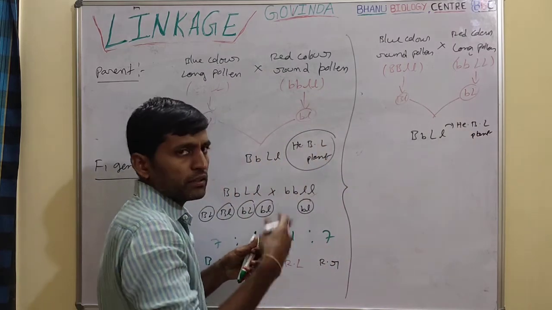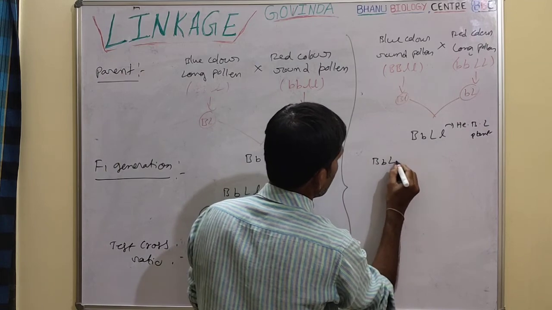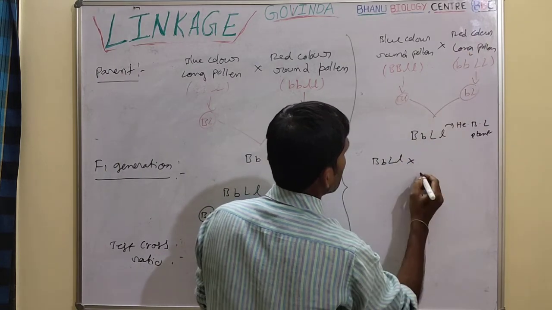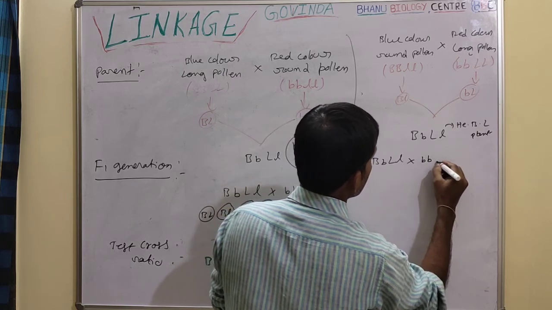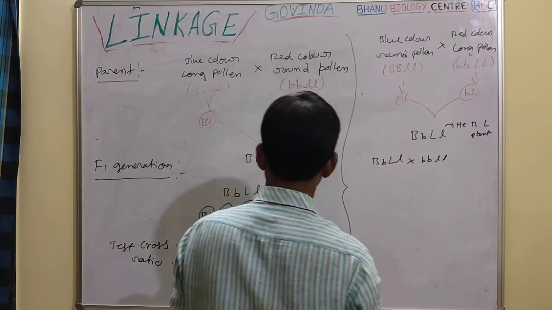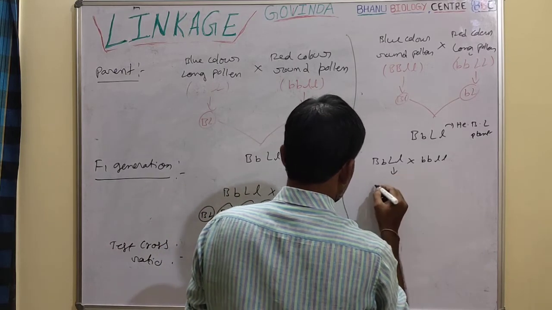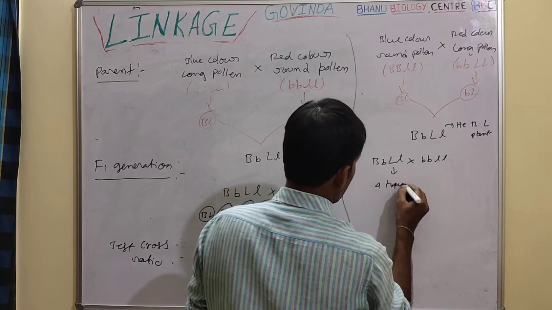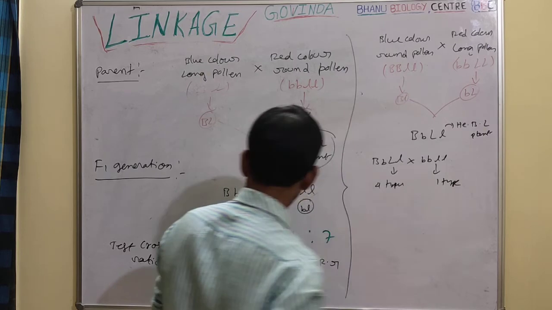Next, again they went for a test cross, taking the homozygous recessive plant, that is small b small b, small l small l, the recessive one. Then the gametes produced by the F1 are four types of gametes. By this one, one type of gametes is produced.